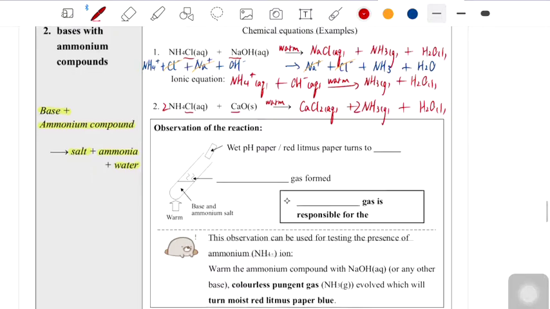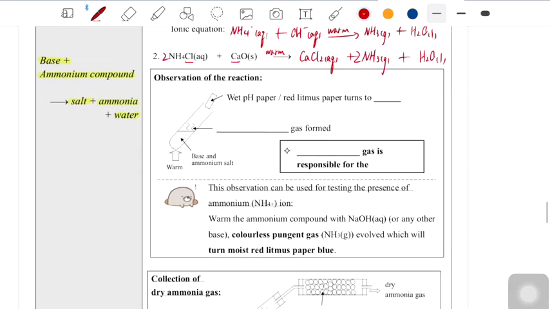Inside the box it shows the setup. I will let you try this experiment when normal teaching is resumed. So we put the base and ammonium salt, well mixed at the bottom of the test tube, and then we gently warm it, and then you will see a gas coming out.